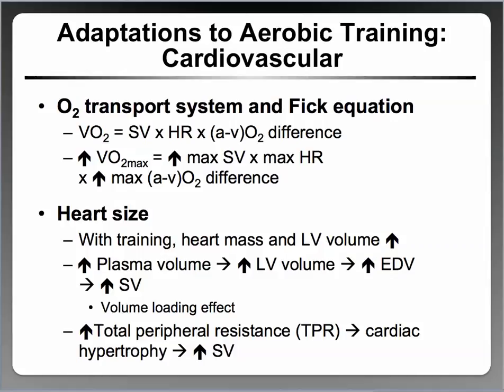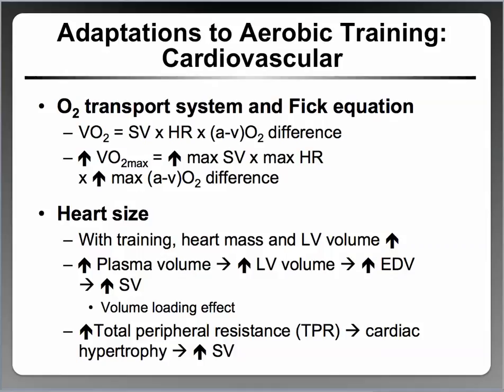In order to overcome this resistance, what happens is that the actual cardiac wall increases, it hypertrophies, and it becomes thicker due to the increase in blood pressure that you see with resistance training rather than due to the repetitive contractions that you see with endurance training.